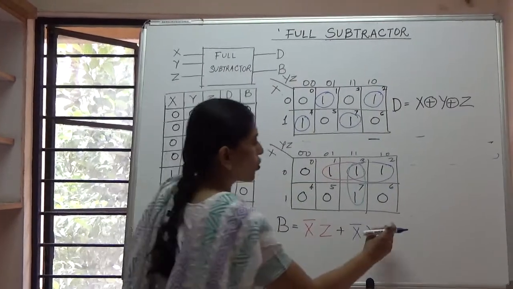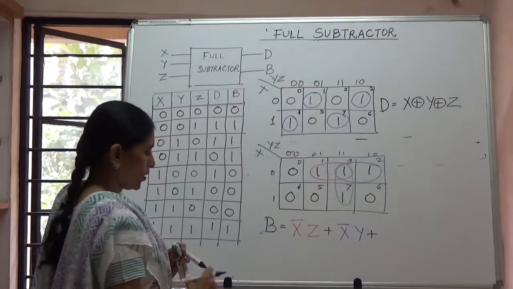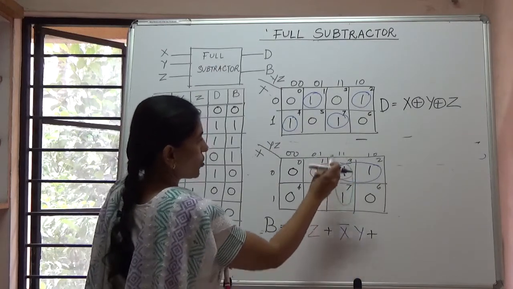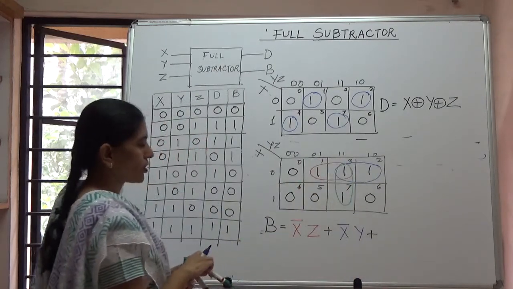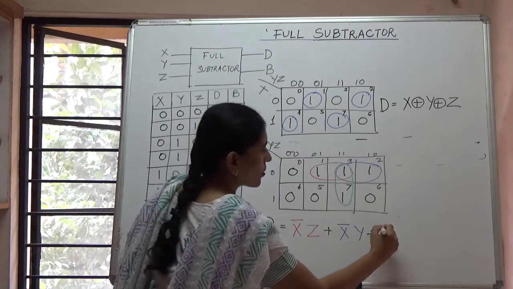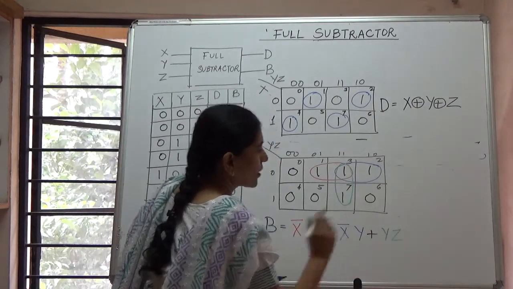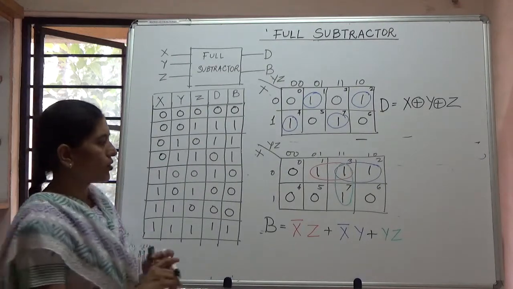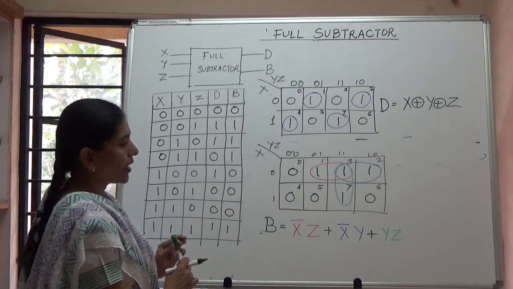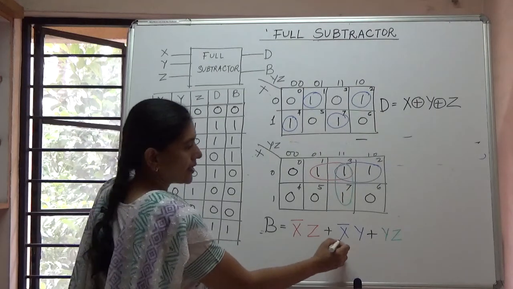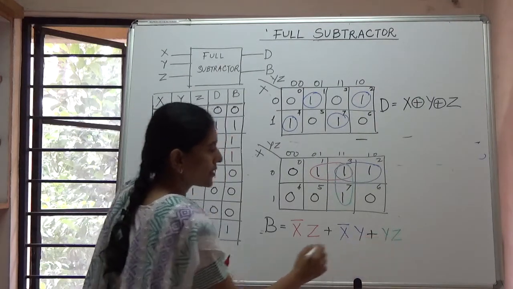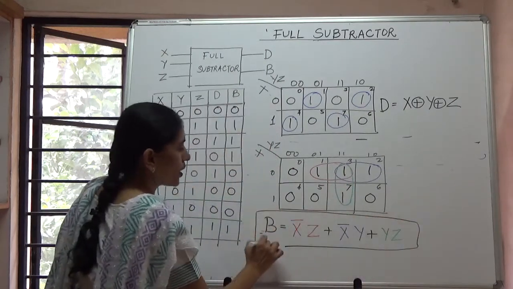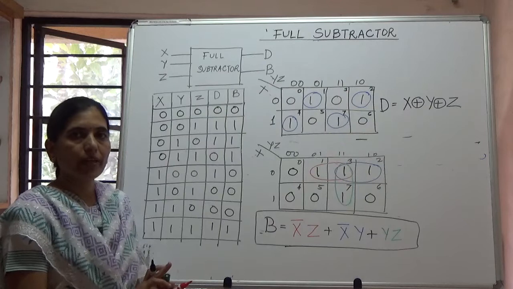And now for the group in green, for which both y and z are constant, so this is yz. So the expression for the borrow output is x bar z plus x bar y plus yz, and this is the reduced SOP for the borrow bit.